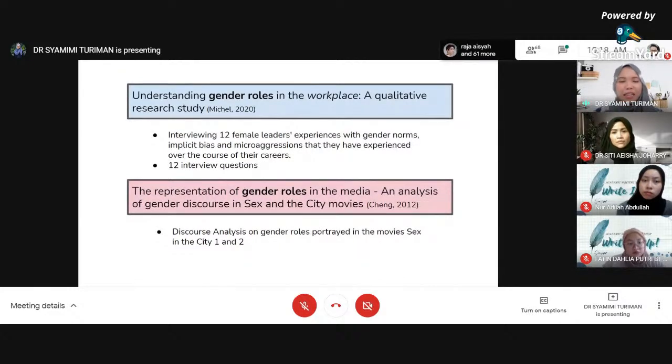In other words, if you go for topics like the one in the pink box, you will mainly be analyzing audiovisual data, specifically movies here. Or another way to go with gender roles, perhaps gender roles in the media, specifically, you want to look at, I don't know, reports in the newspaper or how political leaders are reported.